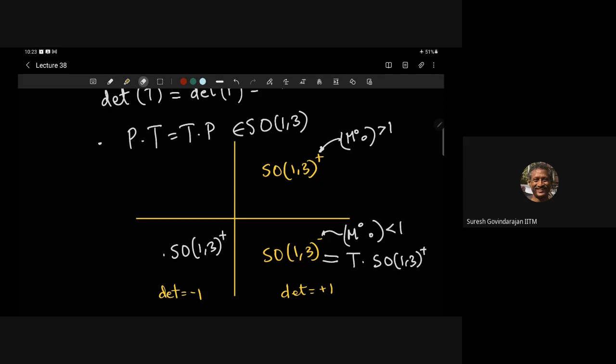I want determinant equal to -1. In the fourth quadrant, the determinant is turning out to be -1, right? Yeah, so that's where I made the mistake. That's why you should just write PT here. Now I'm okay. Here what we will get is a -1, but so this will be P times SO(1,3)+.